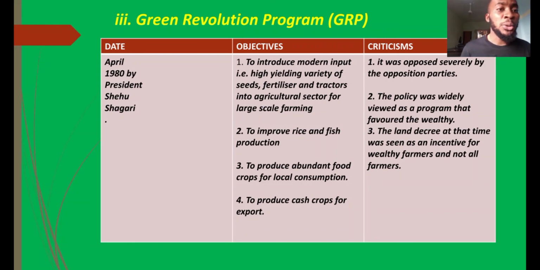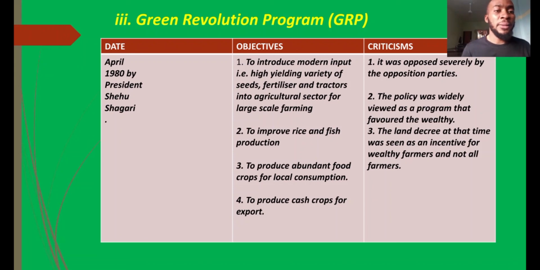Number two, the policy was widely viewed as a program that favored the wealthy, that is, the wealthy farmers. They were the ones being catered for, being given incentives and other financial aid, rather than the real local, poor farmers that were actually doing the farming.